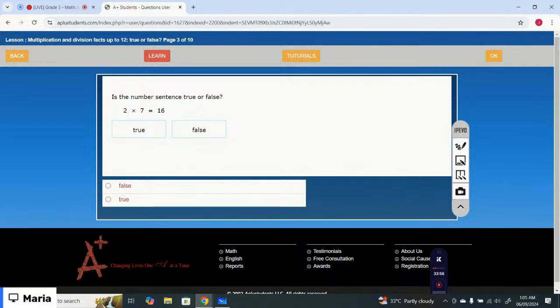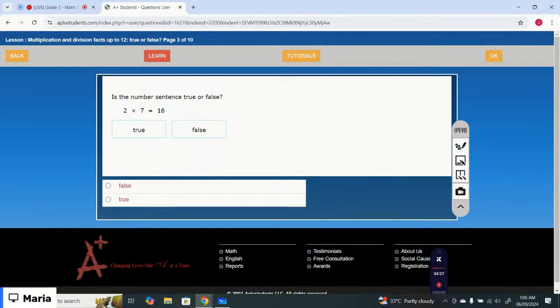The next one: is the number sentence true or false? 2 times 7 equals 16. So which is the correct option? False it is, right? 2 times 7 is not 16.